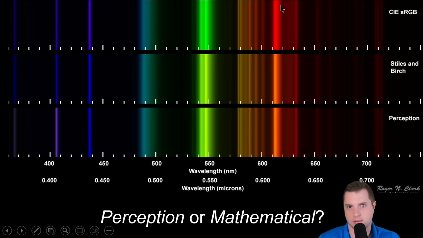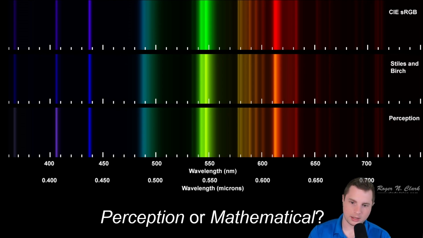Here's this red for sRGB, and here's perception. The perception of that same value is pretty orange.